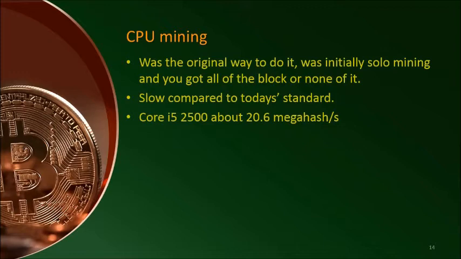A normal processor of today, the Core i5 2500, does about 20.6 megahash per second. It's very low in comparison to the speed.